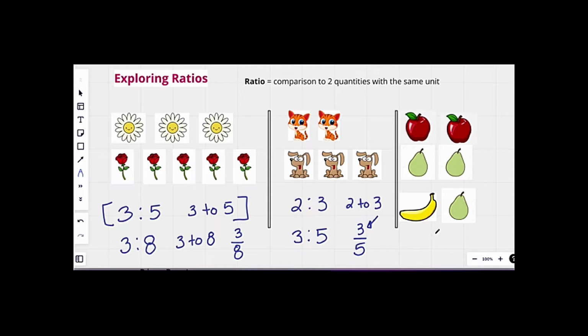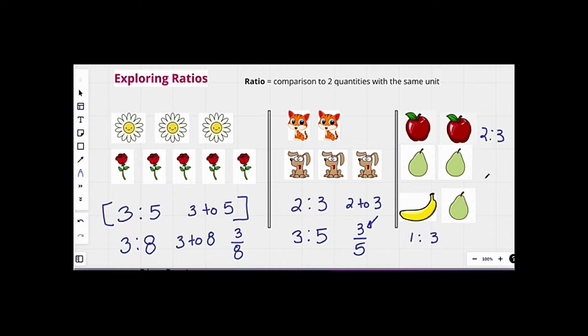Okay, what about this one? So we've got some apples, we've got some pears, and we've got a banana. So what do we want to show, the ratio of bananas to pears? What do we have? Well, we have 1 banana, and how many pears? 1, 2, 3 pears. Okay. What if we wanted to show the ratio of apples to pears? All right, we've got 2 apples, and we got 3 pears.